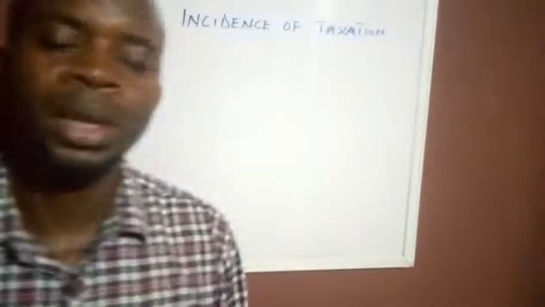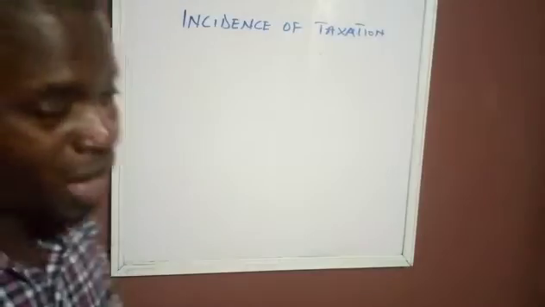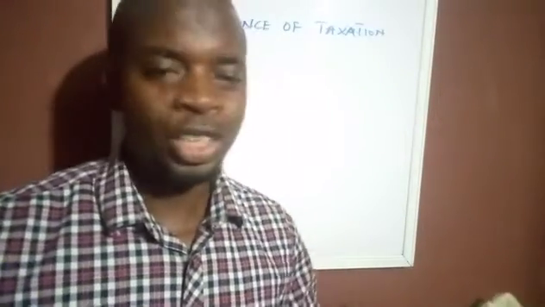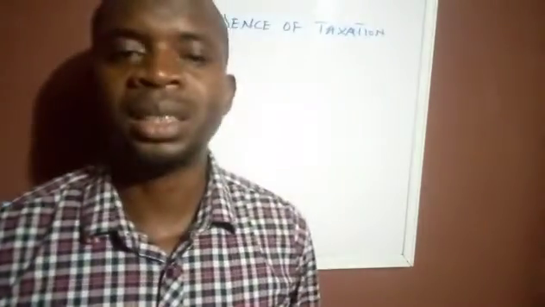So let's start from fairly inelastic. If the tax is imposed on a fairly inelastic good, who is going to pay the tax? Quickly, because of your exam, there are a lot of ways through which I can explain this, but I just want to be punchy. When you're writing exams, this is what you can simply do to get your answer straight.